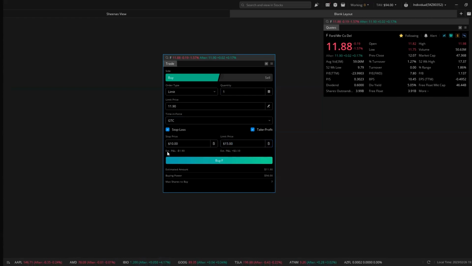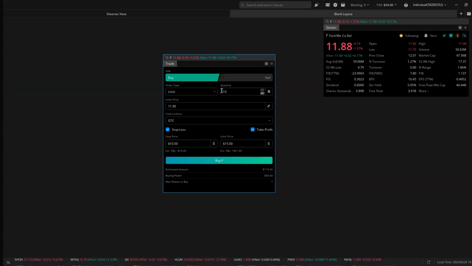And what it's going to do is break down your estimated P&L if you did take the loss, which is a loss of $1.90 from that $11.90 price down to $10. And then this is your estimated P&L if you did take profit at $15, and that would be $3.10. And this is based on one share. Okay, so if I change this to 10 shares, you're going to see those numbers increase.